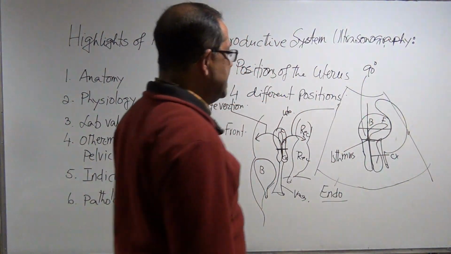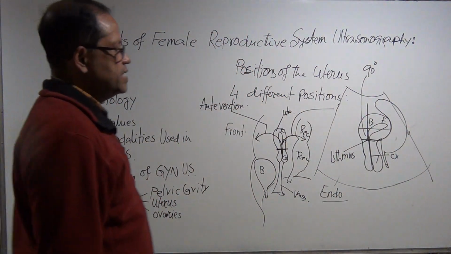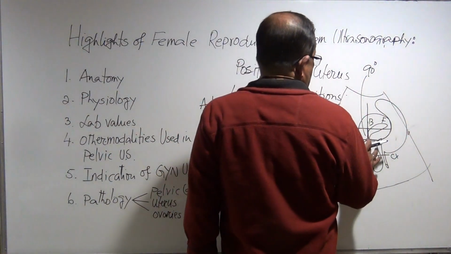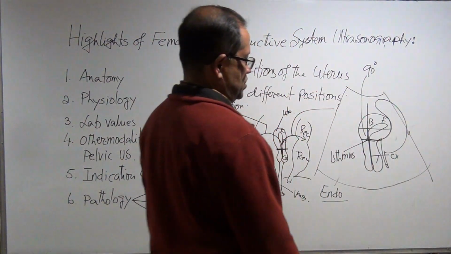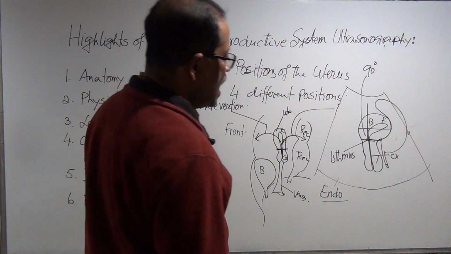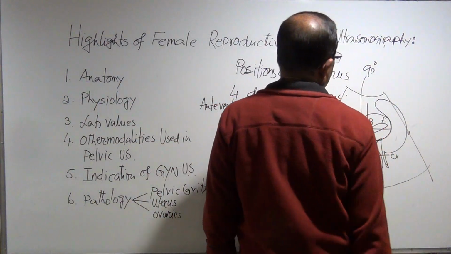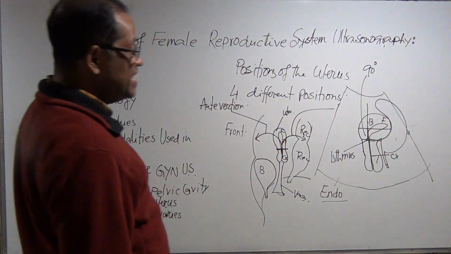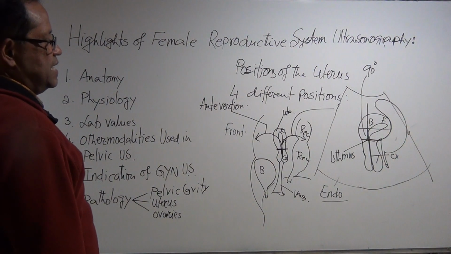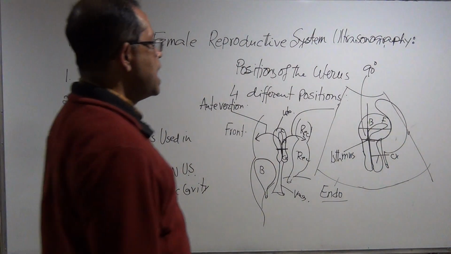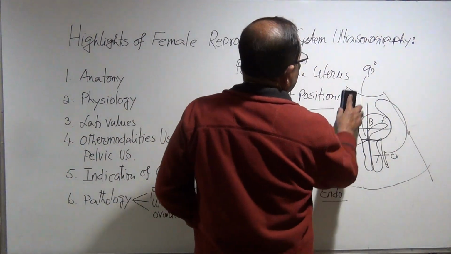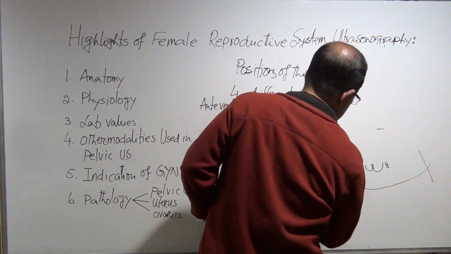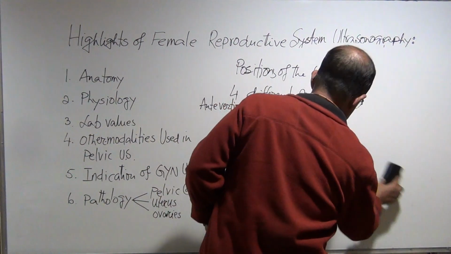So here the angle is 90 degree at the isthmus between the cervix and the body and fundus. Okay, so now in this situation we call it anti-flexed. So now let me draw another diagram for you to understand the anti-flexed better.